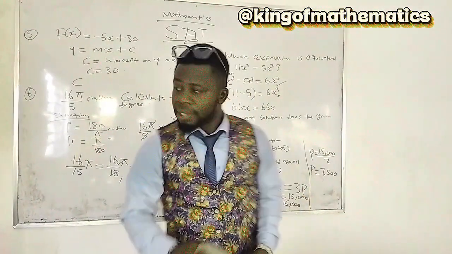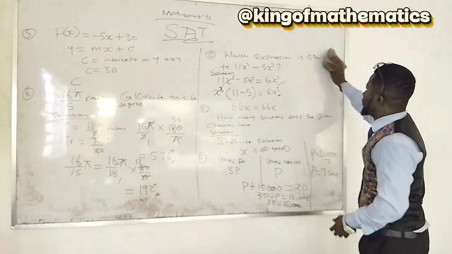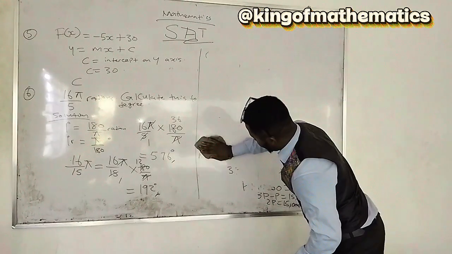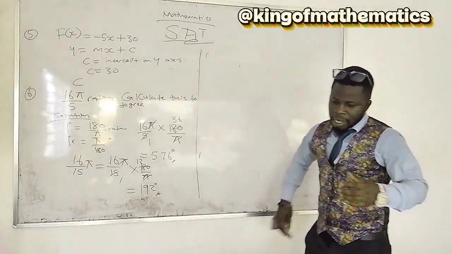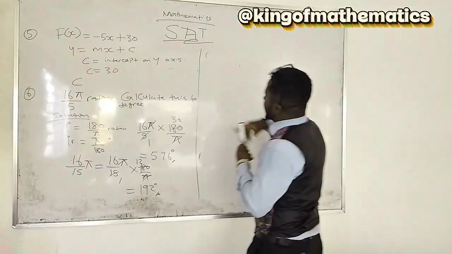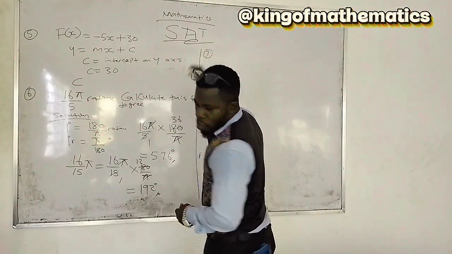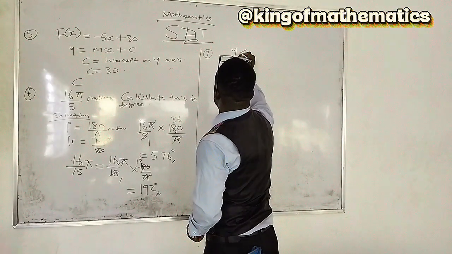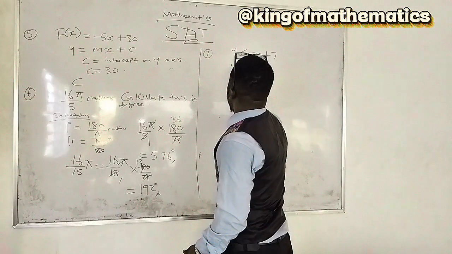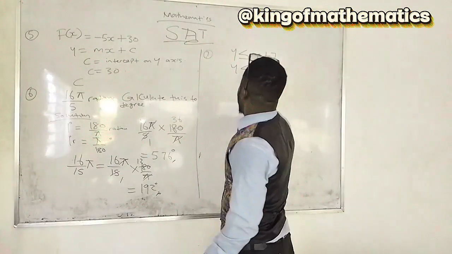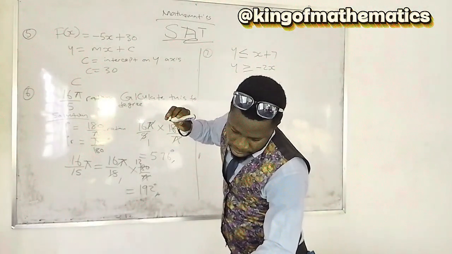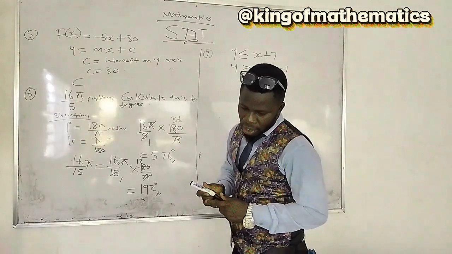That's question number 7. Now question number 7 is an inequality question which says that y is less than or equal to x plus 7, and also y is greater than or equal to minus 2x minus 1.